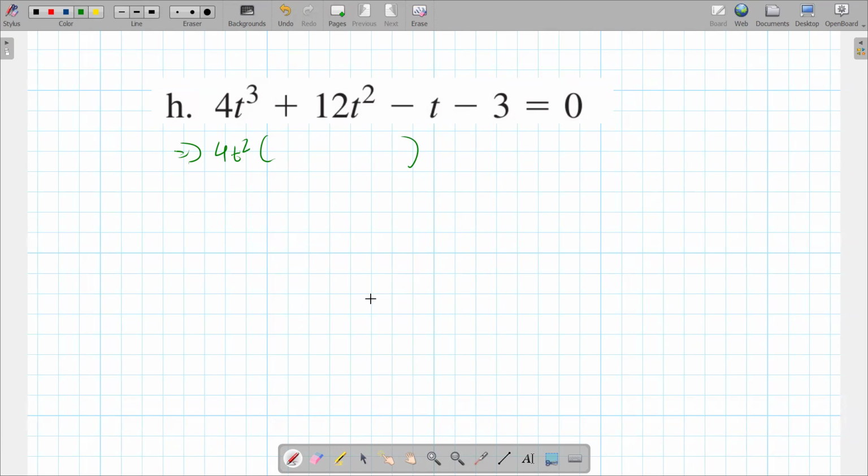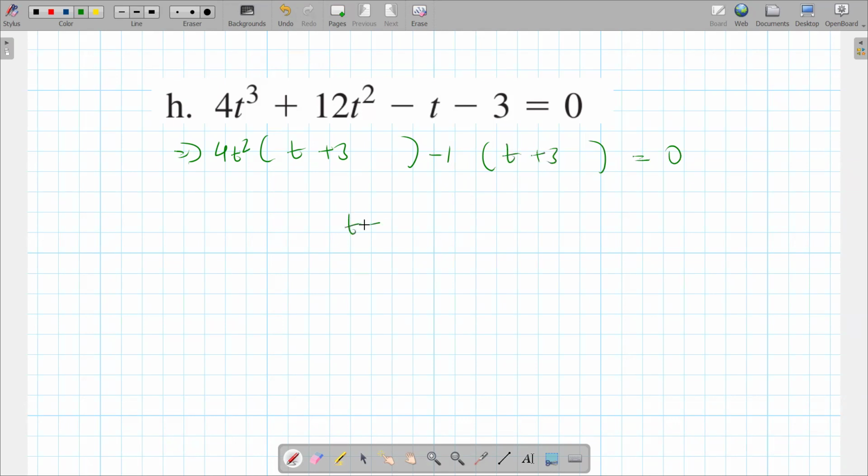There'd be two terms in this bracket. t plus 3. Yes. What can you pull out from the next two terms? -1. What are you left with in the bracket? t plus 3.